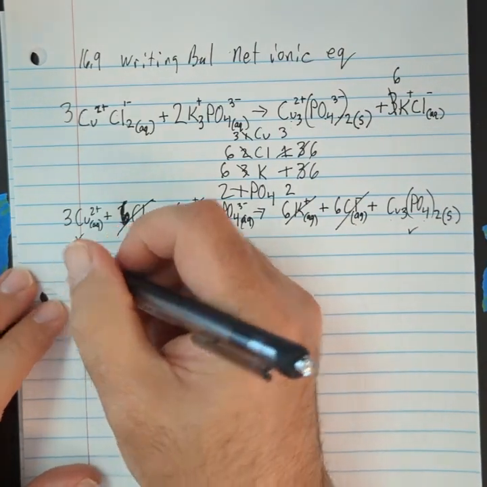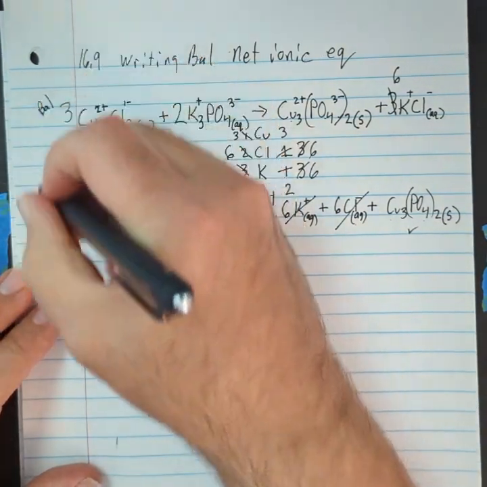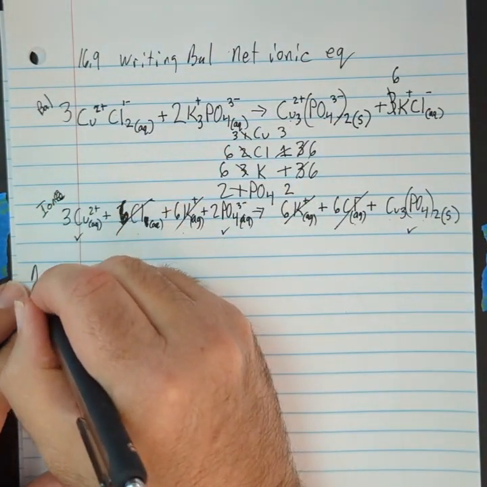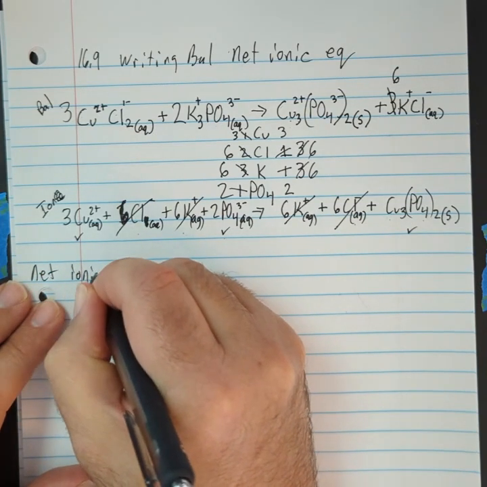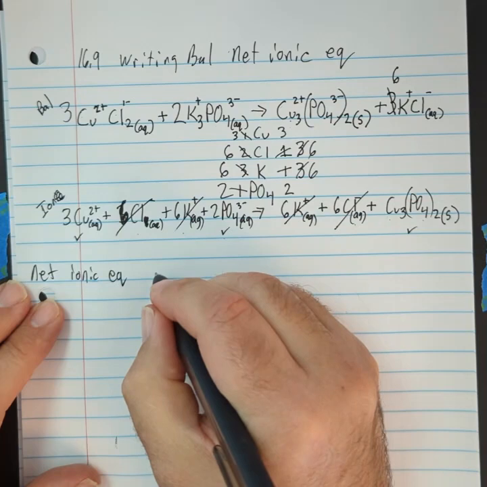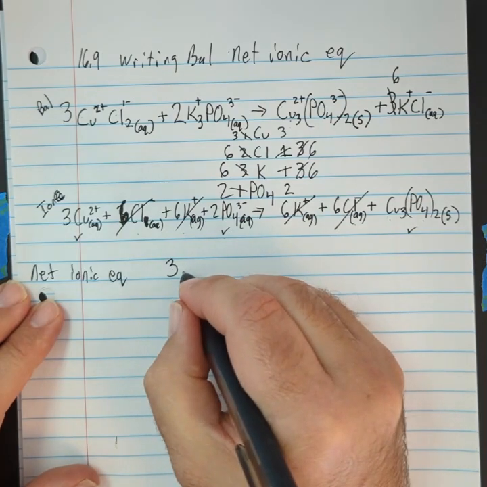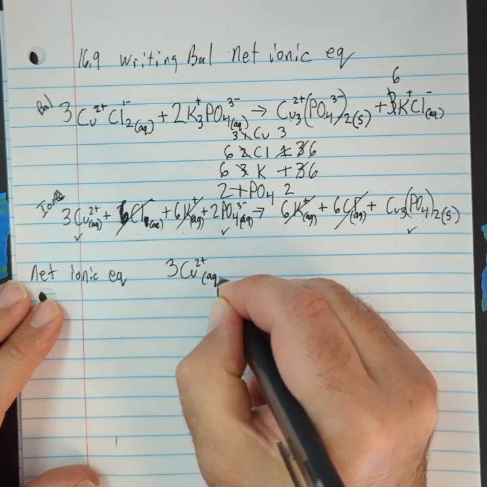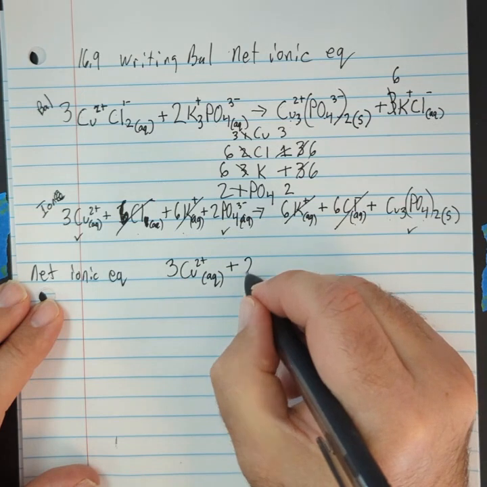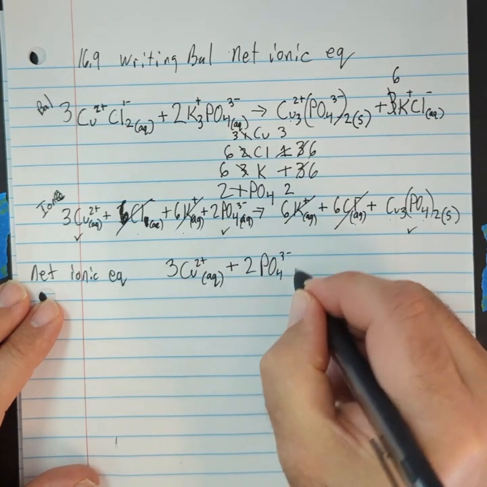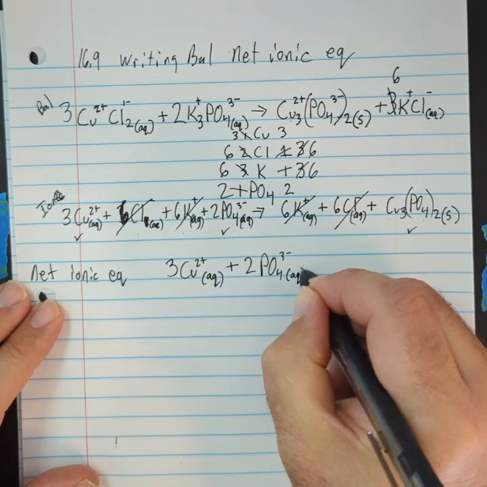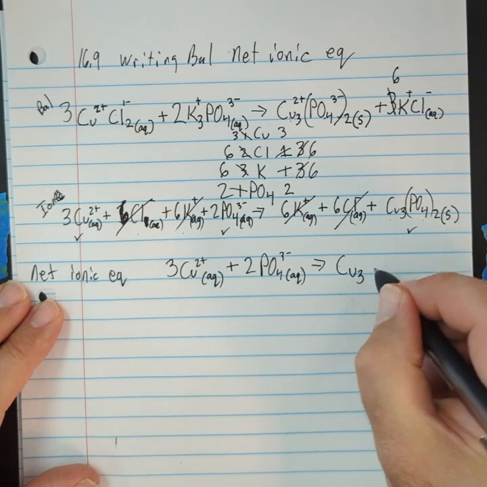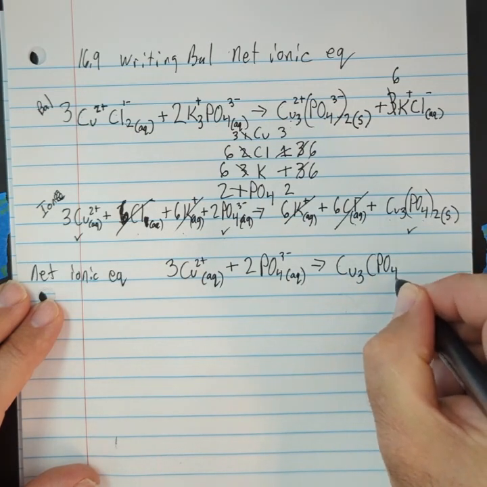So this is the balanced equation, this is the ionic equation, or ion equation, and then we have the net ionic equation. That is just going to be 3 copper 2 plus ions, aqueous, plus 2 phosphate ions, also aqueous, produce Cu3(PO4)2.